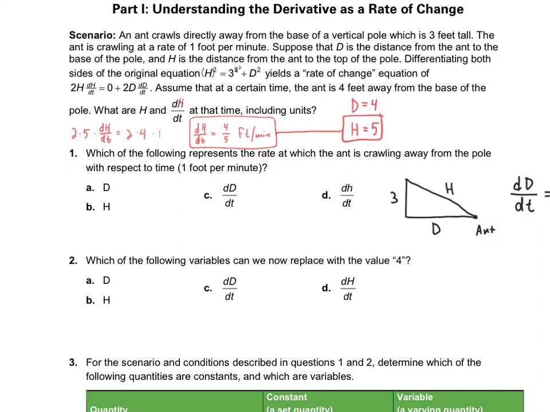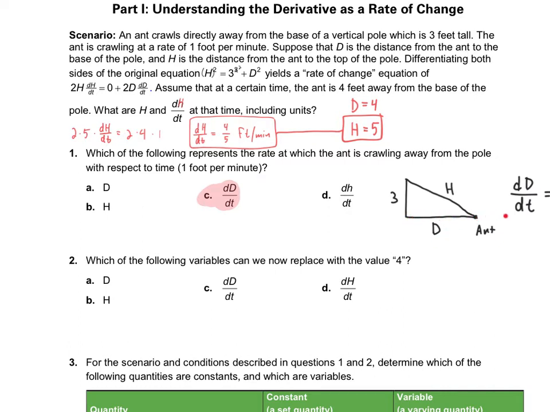Okay, which of the following represents the rate at which the ant is crawling away from the pole with respect to time? Okay, that's dd dt. So when the ant's crawling away, just naturally, a consequence of this ant going this way is this distance changing, this distance increasing.